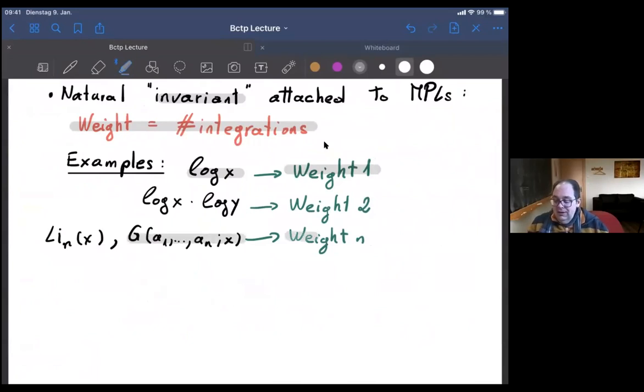If I have n iterated integrations, I call it weight n, so that also Li_n has weight n. But I also postulate for now that this weight is additive. So if I multiply two objects that have weight 1, I get an object that has weight 2. It makes sense. If the weight counts the number of integrations, if I multiply two objects that have one integration each, I would expect that this corresponds to 2 integrations. So that's this natural kind of invariant you can attach to a polylog.